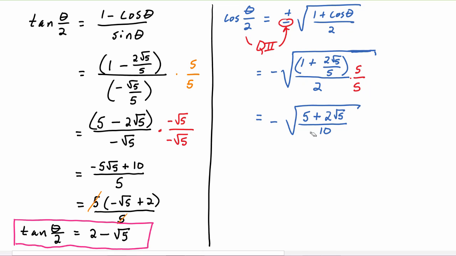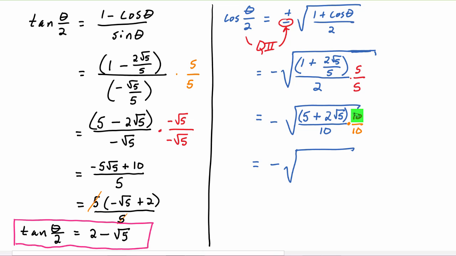We know we're going to have to rationalize this denominator because right now the denominator is radical 10. So if it were 100, that would be the perfect square. Then we know square root of 100 is 10. So at this point, underneath the radical here, let's multiply by 10 over 10 so that we know we're going to get a perfect square in that denominator. This will turn into negative square root. In the numerator, we have to distribute.